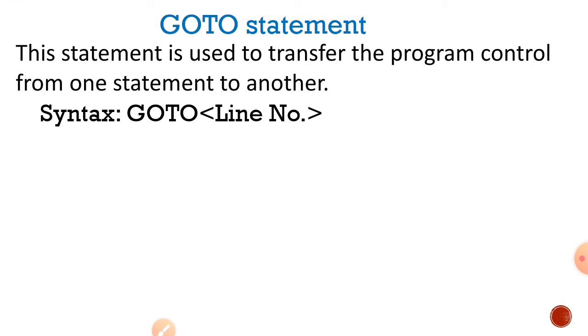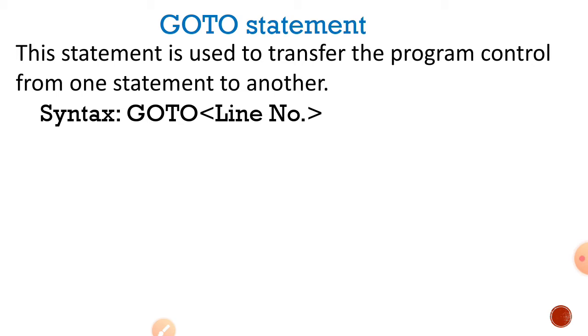Now the first statement is GOTO statement. This statement is used to transfer the program control from one statement to another. When the computer reads the GOTO statement, it transfers the control to that particular line number and the other lines are ignored, that means they will not be executed. Here the term line numbers means the numbers are used when control of the program is to be shifted to a different section.